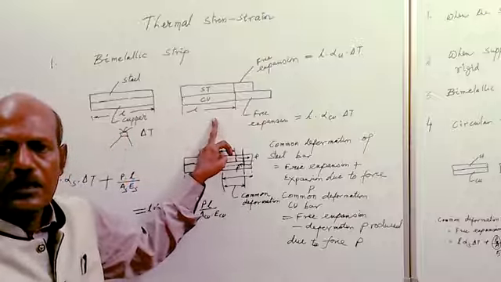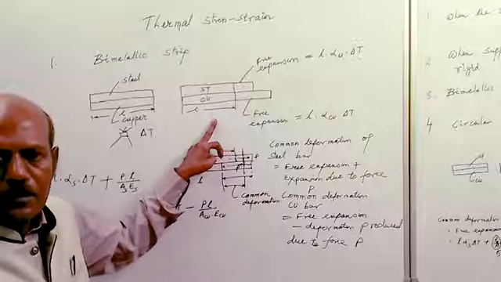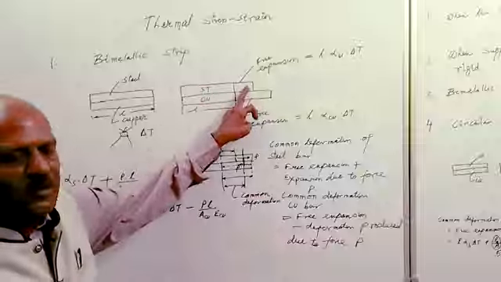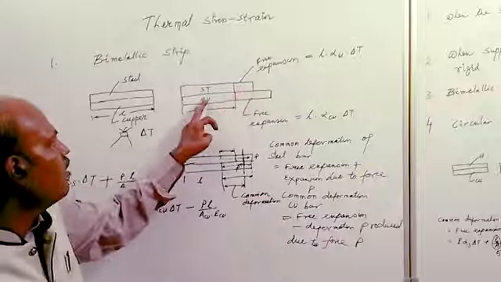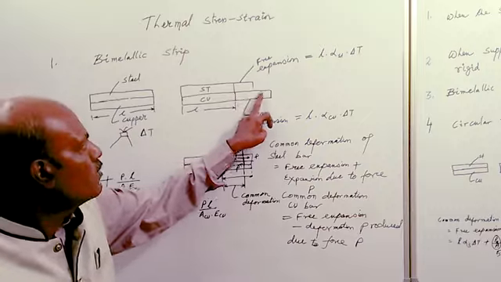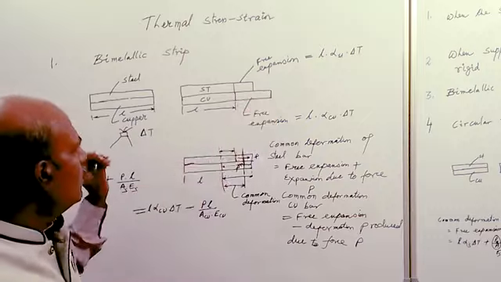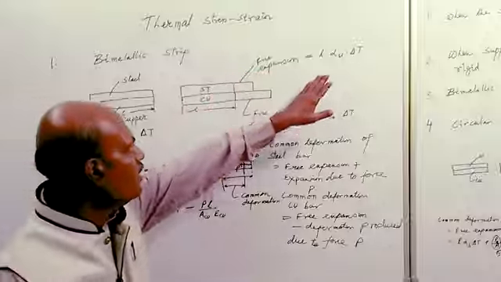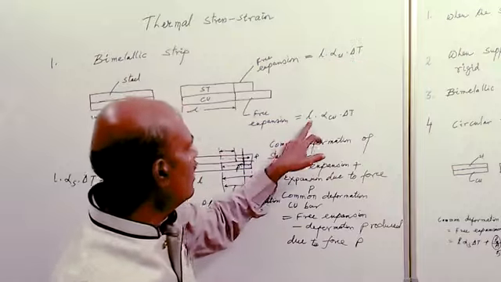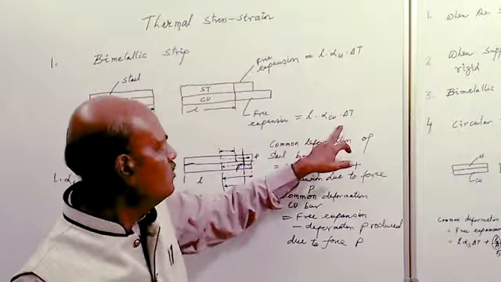We are considering there is no restriction against the free expansion, so the steel bar will expand a small amount, and the copper bar, because its alpha value is more, will expand more. Now the free expansion is calculated as L into alpha S into delta T for the steel bar, and L into alpha Cu into delta T for the copper bar.